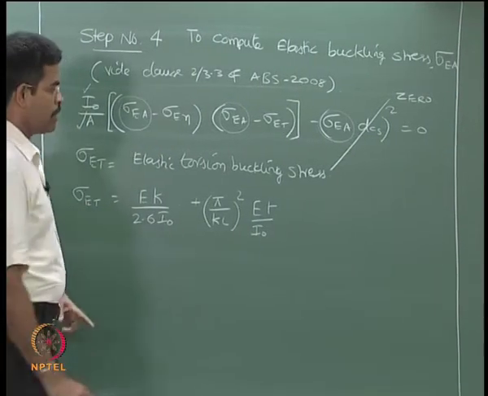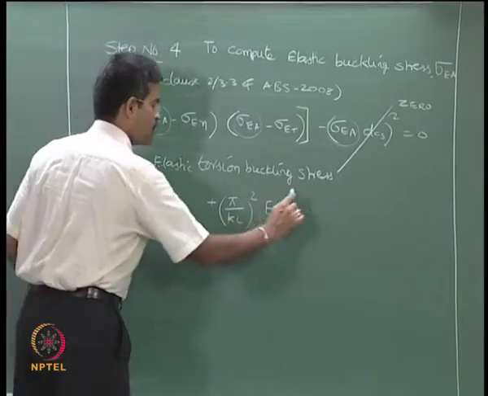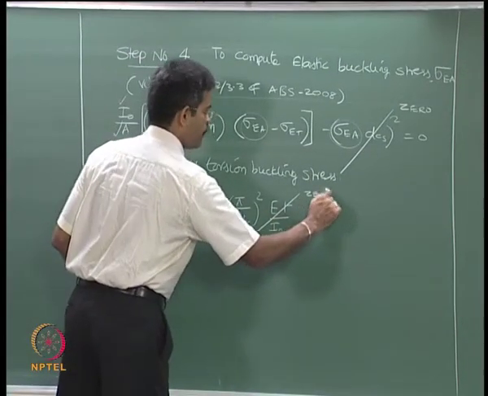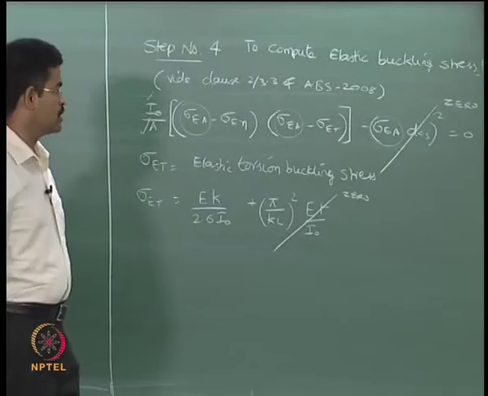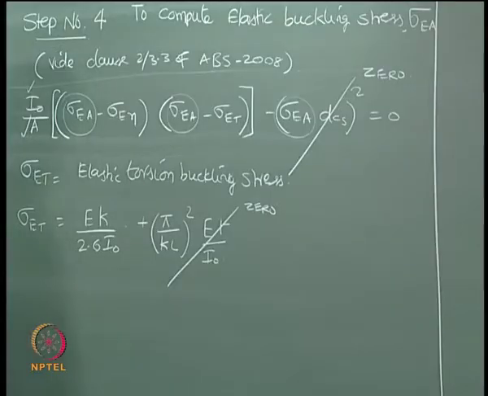In my problem, as I already know, the warping constant will remain 0 for a symmetric circular section. So, this term goes away, and I have all other values with me. E, Young's modulus of the material, I naught and K are values calculated in the first step, which are basic properties of the section.